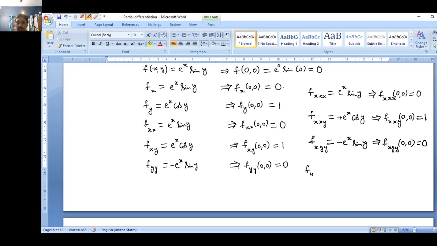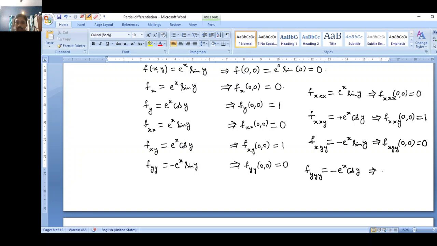And finally fyyy. Fyyy is about differentiating this with respect to y. That will give me minus e power x cos y.